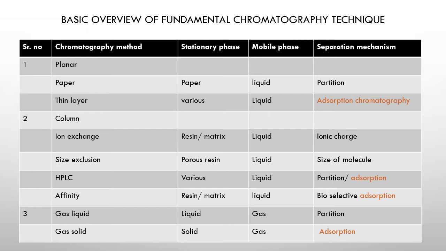Paper and thin layer chromatography are planar chromatography methods. Ion exchange, size exclusion, HPLC and affinity are all column chromatography methods. Then gas liquid and gas solid. The chart also shows which stationary phase and which mobile phase are used for each chromatography method.